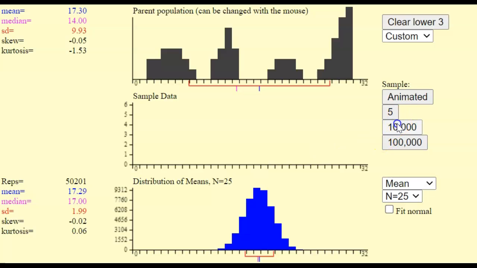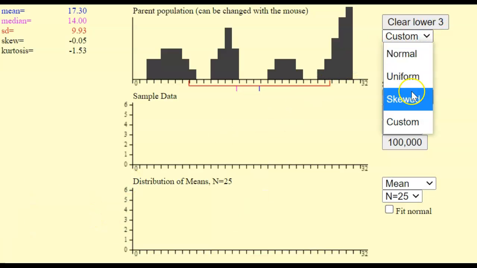Watch this. Let's go really fast. It's really, really normal. The mean is exactly the same, and the standard deviation is much smaller. I think the one we had the hardest trouble with was the skewed one before.